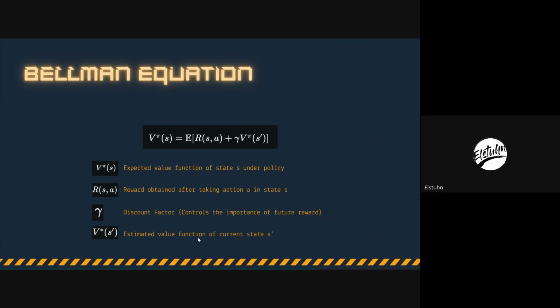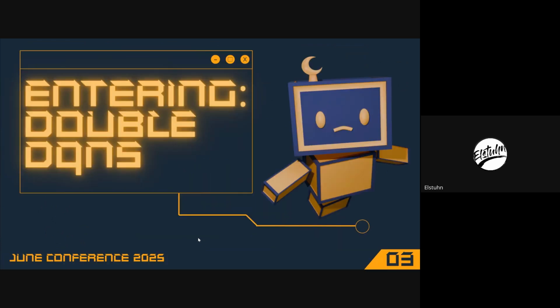So this equation is in deep Q learning. So now you know how deep Q network works. Let's move on to double DQNs.